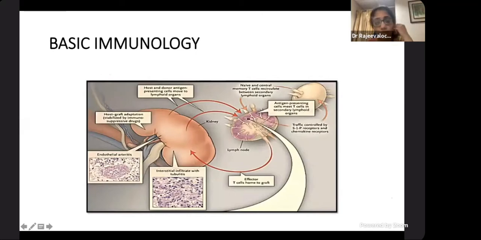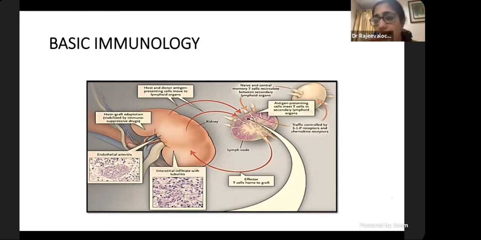Now, yes, we do need immunosuppression because the graft is seen as a foreign object. It is construed as an antigen, and the antigen presenting cells present it to the T cell.